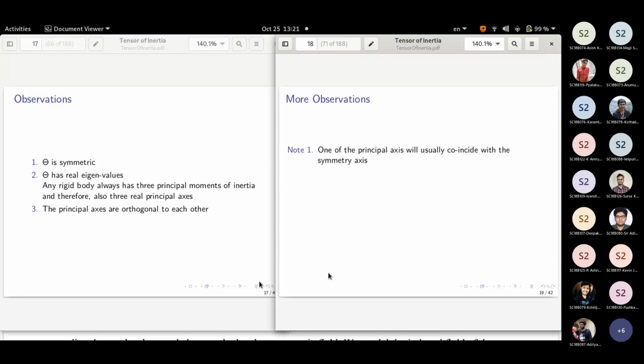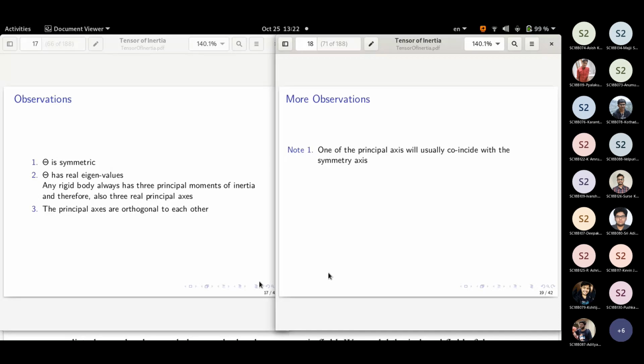What usually happens is one of the principal axes will coincide with the symmetry axis. For instance, in the case of a cylinder, if you rotate the cylinder along the longer axis, it will continue to remain along that. Bearings and all are of that type. A motor shaft is a cylindrical object, so along that axis you have the principal axis of inertia.